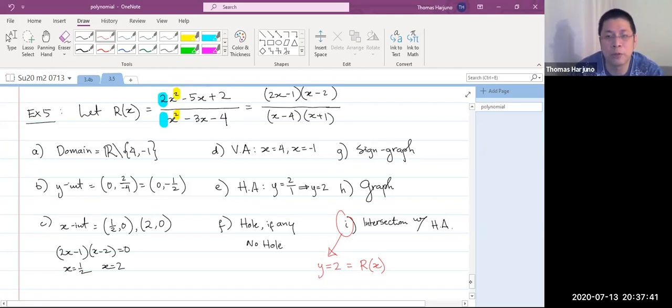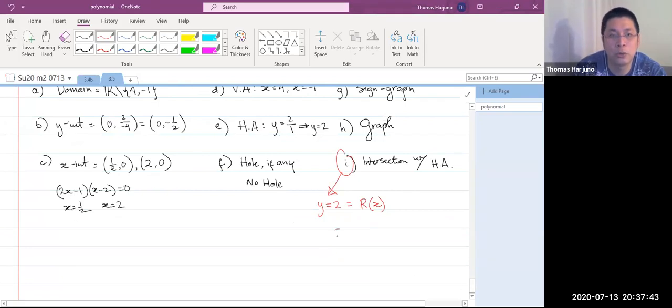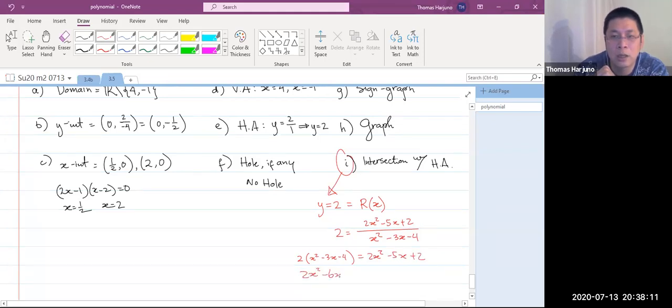So if I go on further, this will be 2 = (2x² - 5x + 2) over the bottom, x² - 3x - 4. Now when we solve this, 2x² - 6x - 8 = 2x² - 5x + 2. 2x² cancels.